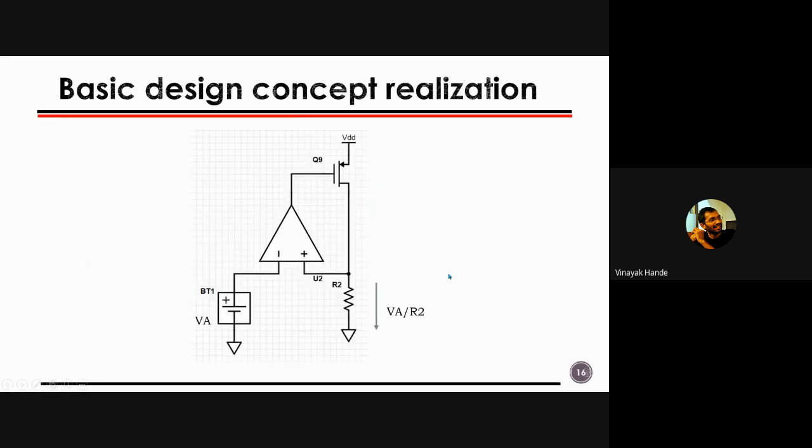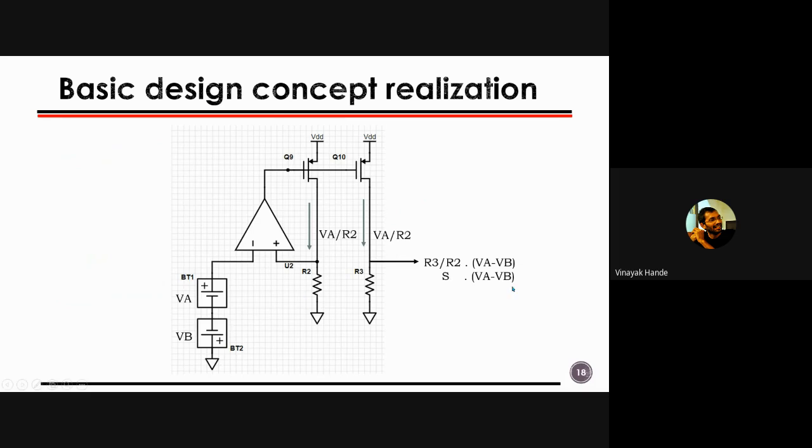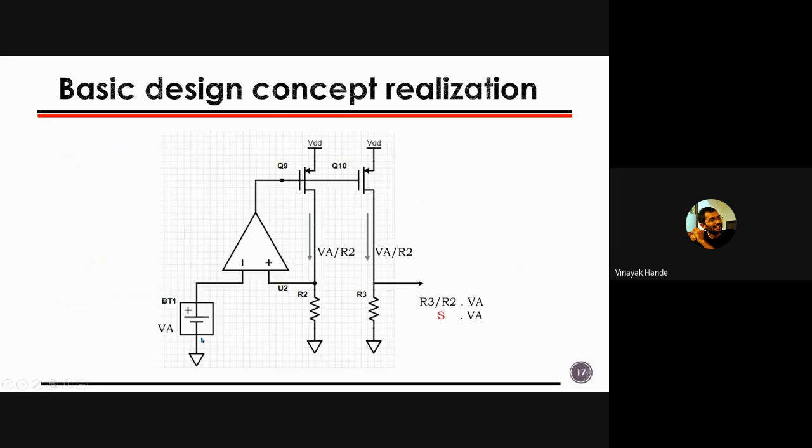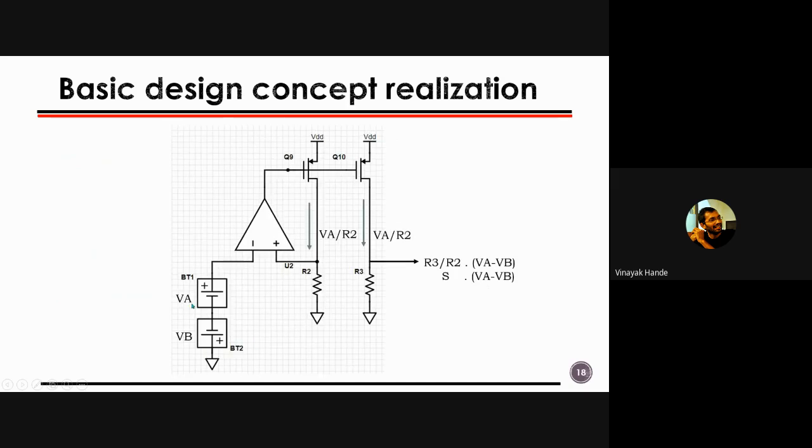So instead of connecting VA here, I can connect VB in series, you can see the battery polarity, and it is VA minus VB, so that's fine. The current has to change too, it is not VA, it is VA minus VB.